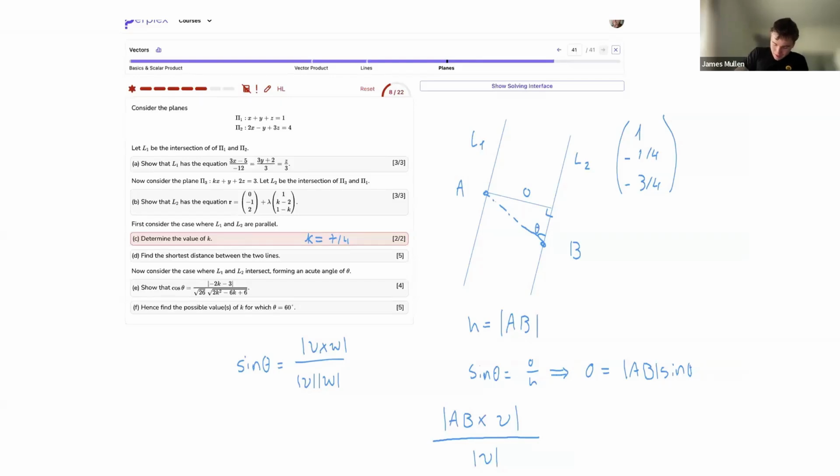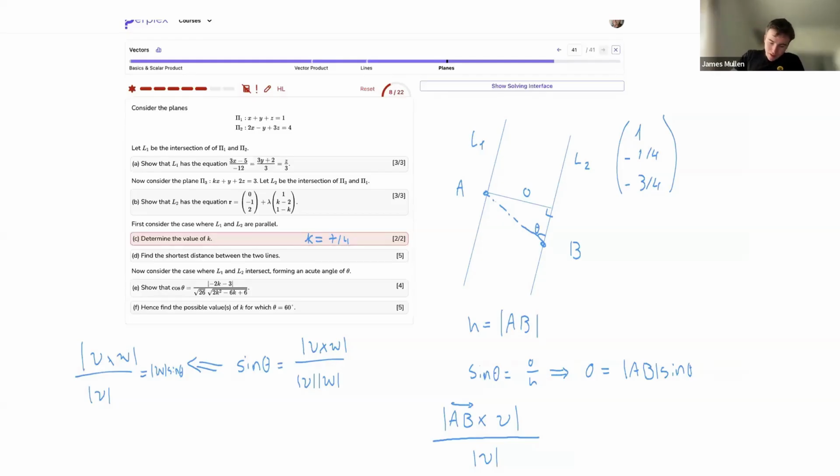And that's going to work because if I take this formula, I can say that the magnitude of V cross W over the magnitude of V is equal to W sine of theta. And that's what I'm looking for. I'm looking for this W sine of theta. I'm just saying W is equal to AB, and V, we can say, is the direction of L2.